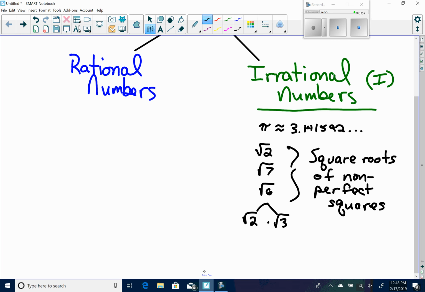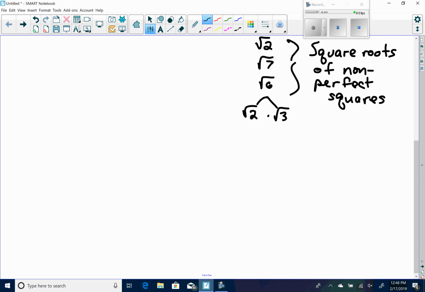And the description here is any number in decimal form. So I'm just going to call it a decimal, even if it's like a 1.414. So I'm just going to look at this as any decimal that does not end and does not repeat.